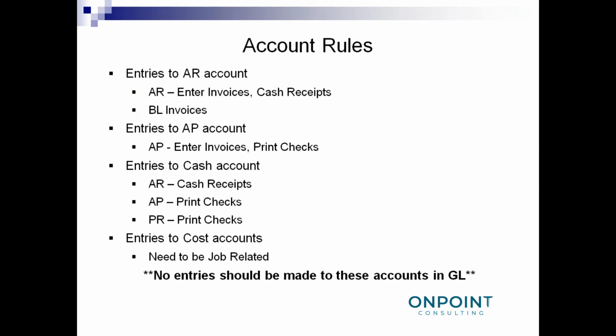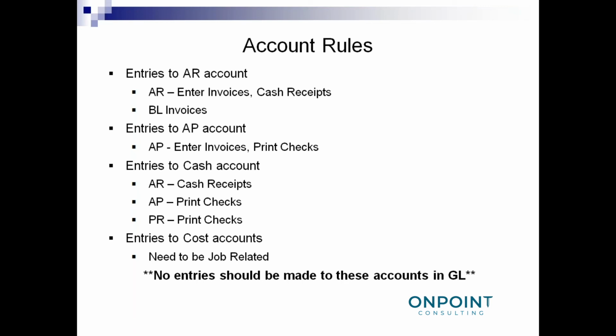All right, so account rules. Your AR account should only have information coming in from three places within the software. From accounts receivable, it should be affected by invoices and cash receipts. So when you post either of those two things, it will affect your AR account.